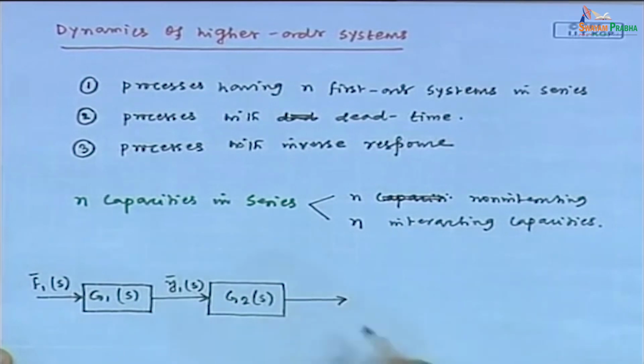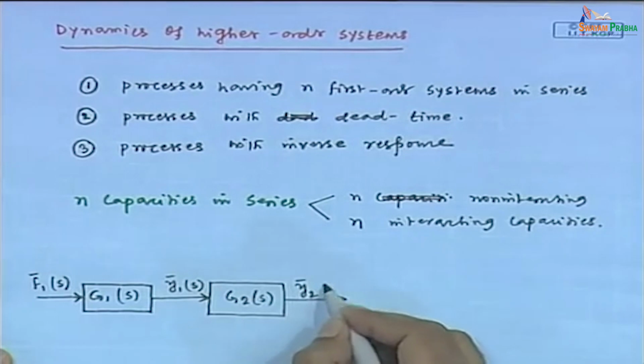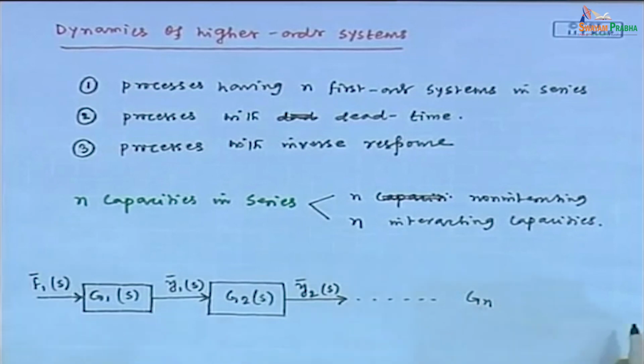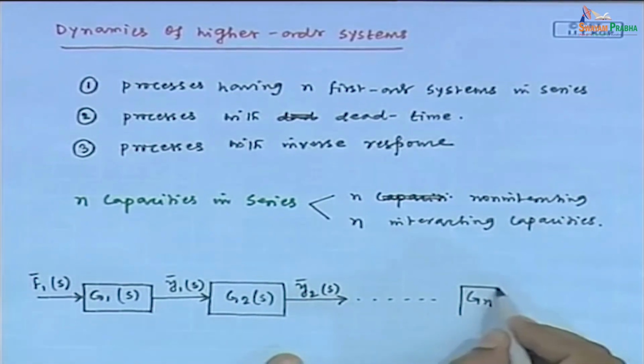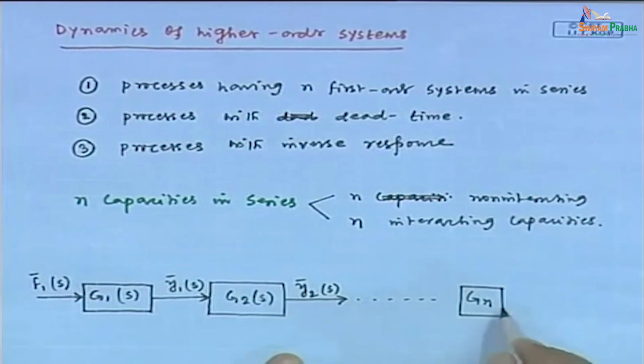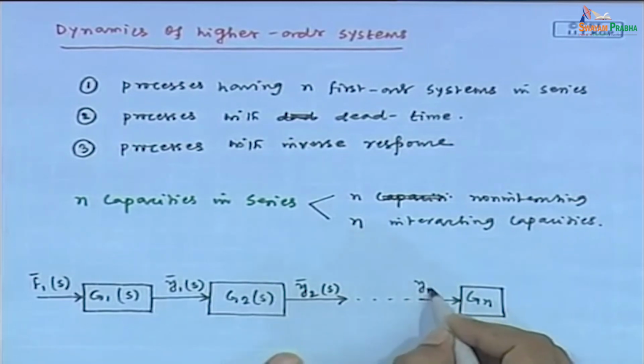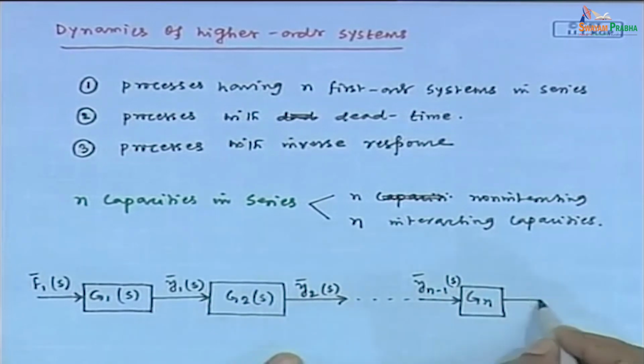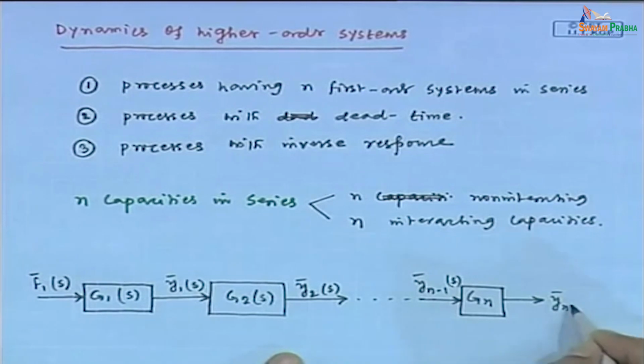Output of this second first order system is Y2 bar(s). Like this, we place the last or nth first order system having transfer function of Gn. Input to this nth first order system is Yn minus 1 bar(s). Output is Yn bar(s). This is the n non-interacting capacities connected in series.